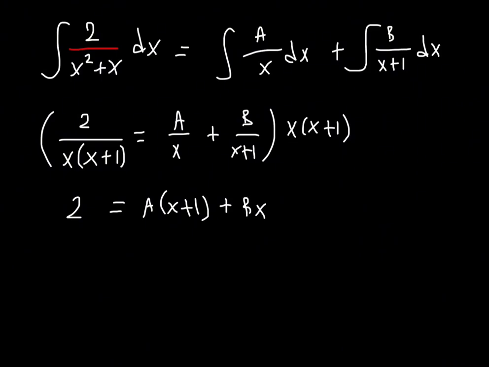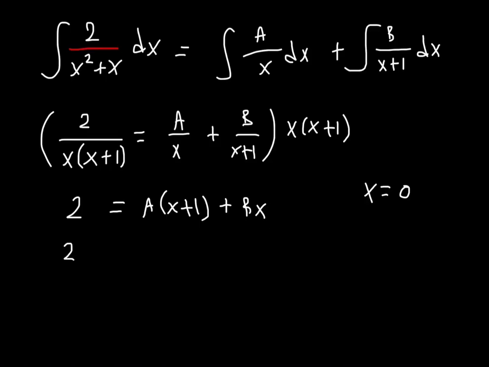So from here, you could use a system of equations to solve this, or even better, you can just plug in some x value that'll make one of the terms 0. So for example, I'll substitute x equals 0. So this should get rid of the b over here.